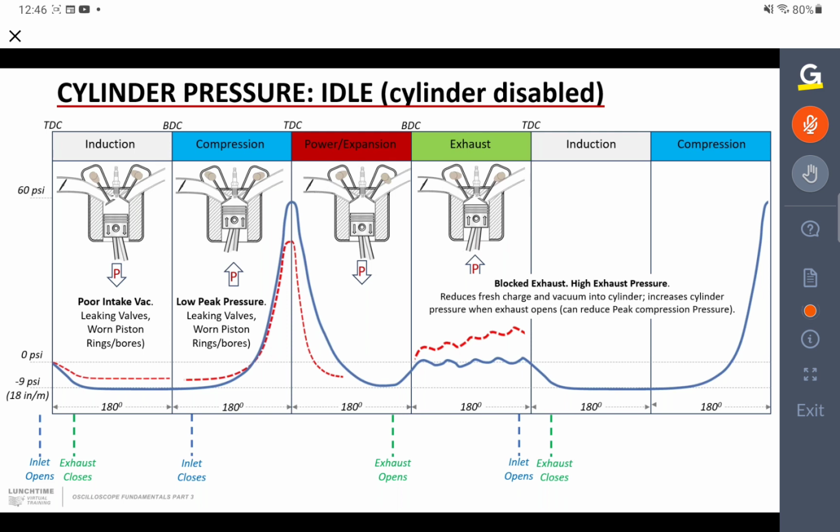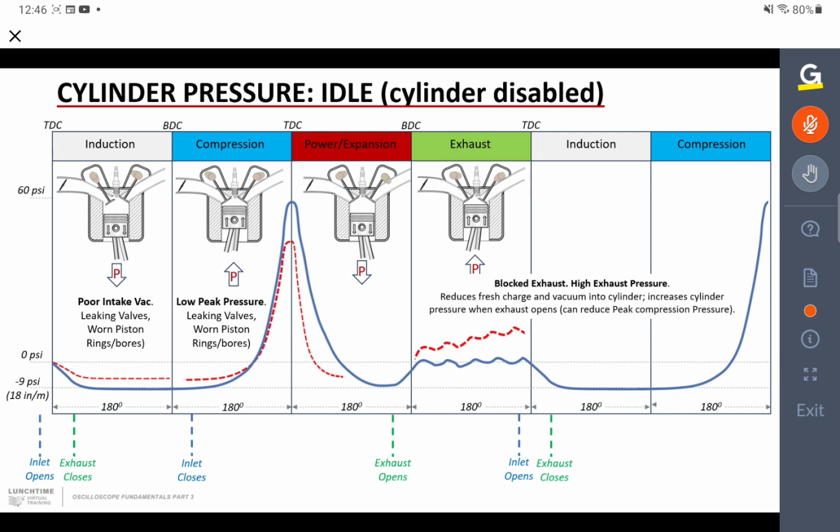Now, remember what we said, the moment the exhaust opens, the pressure in the exhaust system will enter the cylinder, and the pressure in the exhaust system is atmospheric pressure. And if the pressure that we see is higher than atmospheric pressure, that's usually an indicator that the exhaust system has a blockage. Now, that typically could be a blocked catalytic converter, so a blocked cat.